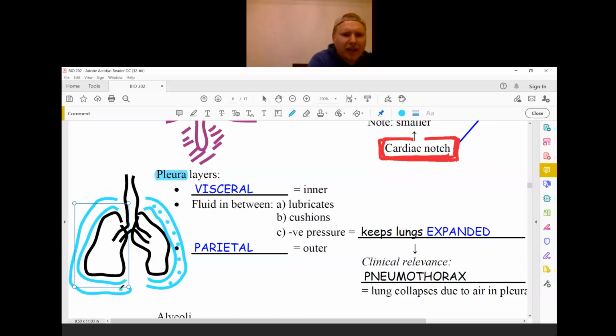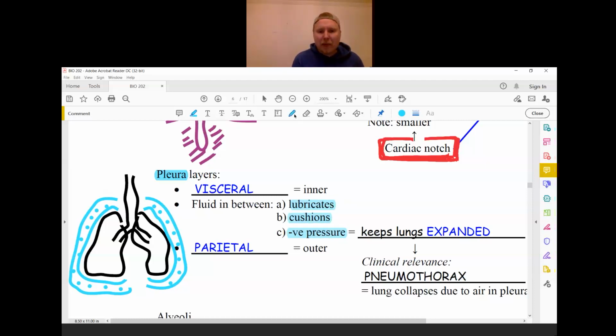And this fluid plays threefold purpose. First of all, it lubricates these surfaces so they slide past each other nicely. But in addition to that, it also cushions a little bit of the lungs. But what's most important for us is the negative pressure that it generates within this space.